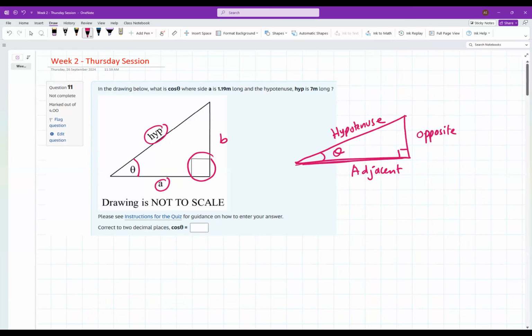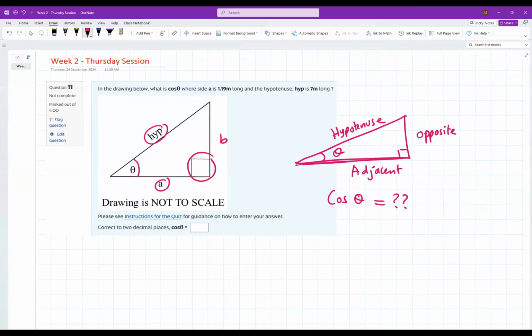Okay, so this is from trigonometry, and it is important for us to know it. So let's look at our example here. In the triangle below, what is cosine theta? So we are looking for cosine theta for this angle.